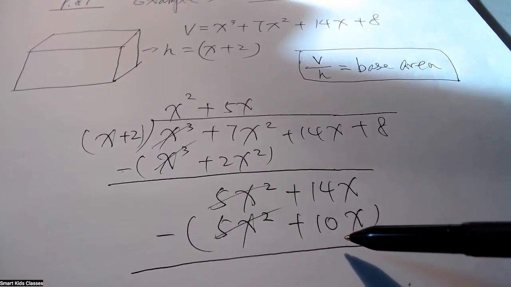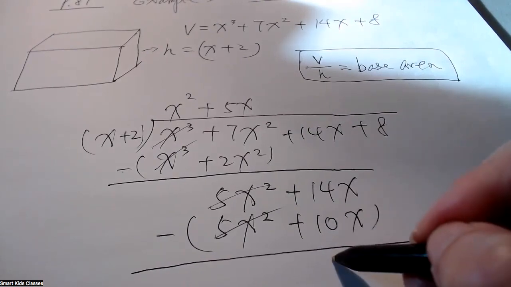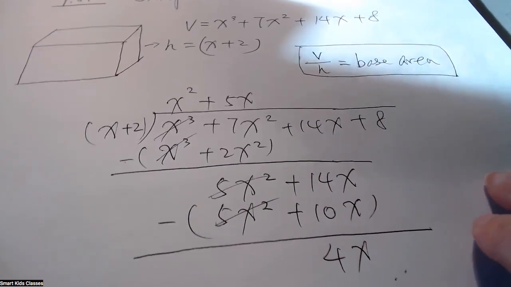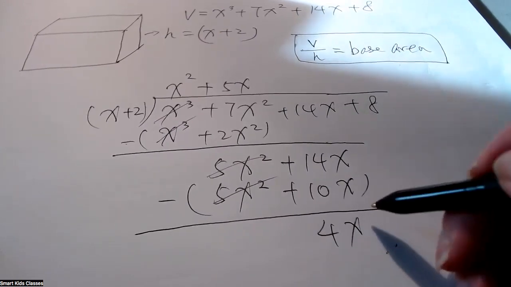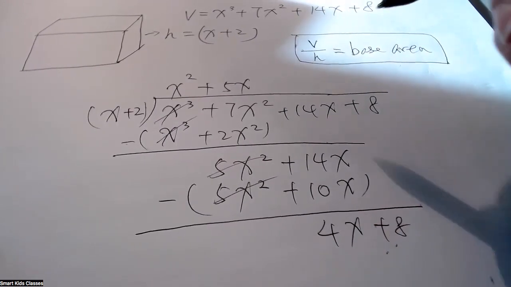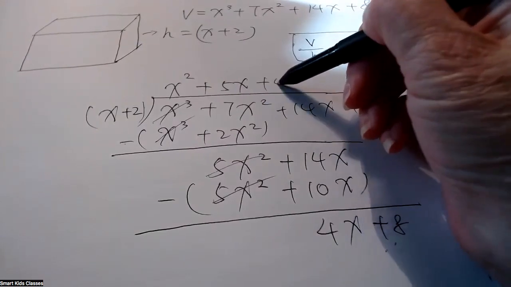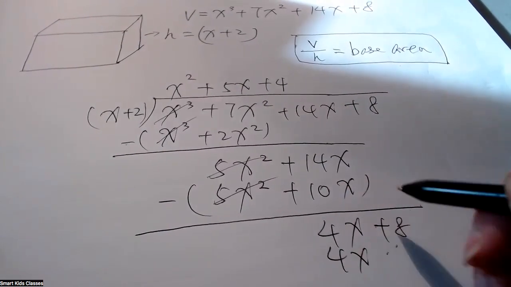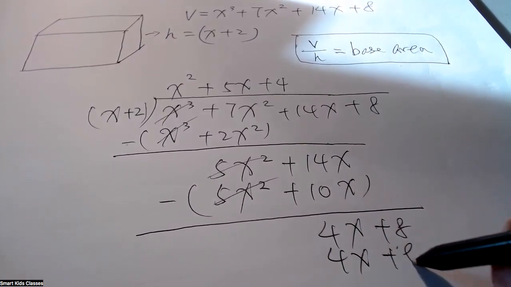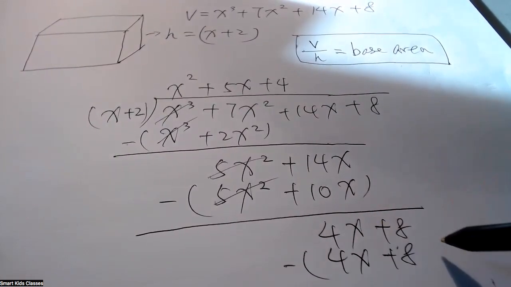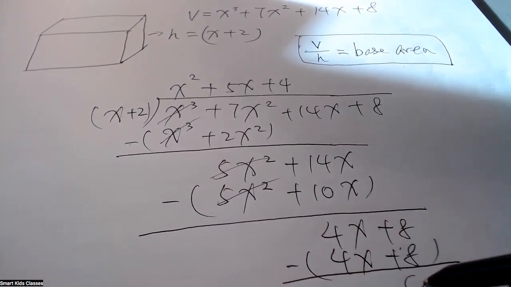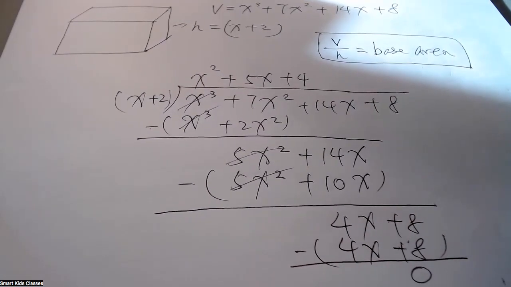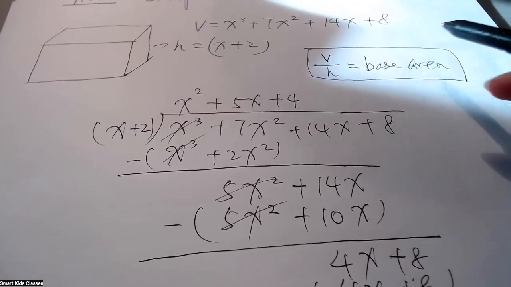Negative, positive, we get negative. So we get a positive 4x. We continue and bring down the last term, which is an 8. So we're going to have a 4 here, so 4x plus 8. Wow, it just fit. It's equal to 0. It has no remainder.